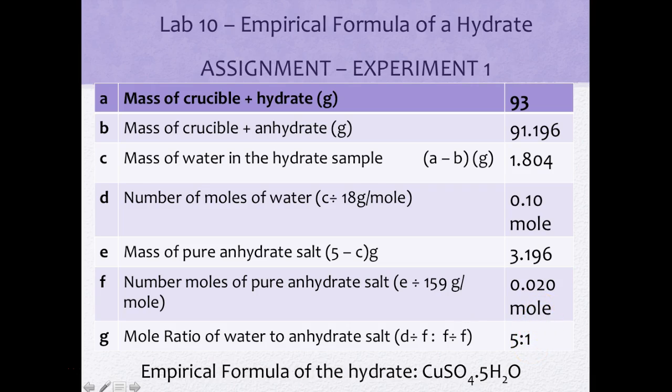Therefore the empirical formula of the hydrate for copper 2 sulfate is CuSO4·5H2O. You have to put the dot in there in the formula. This indicates that this water is not part of the molecular formula of the compound. It's kind of separate because it's the water of crystallization.